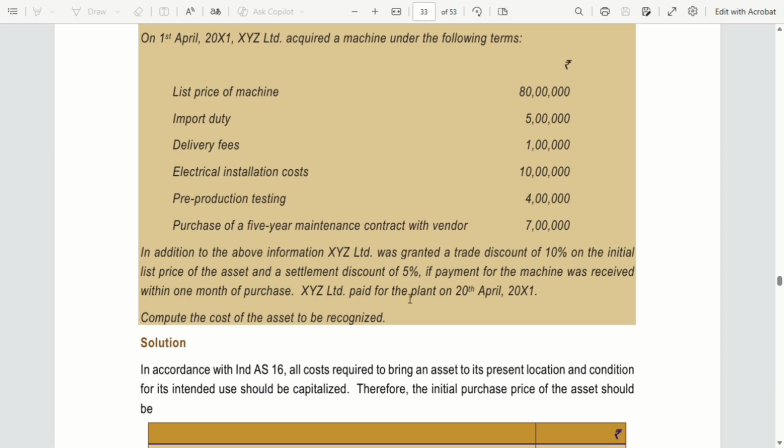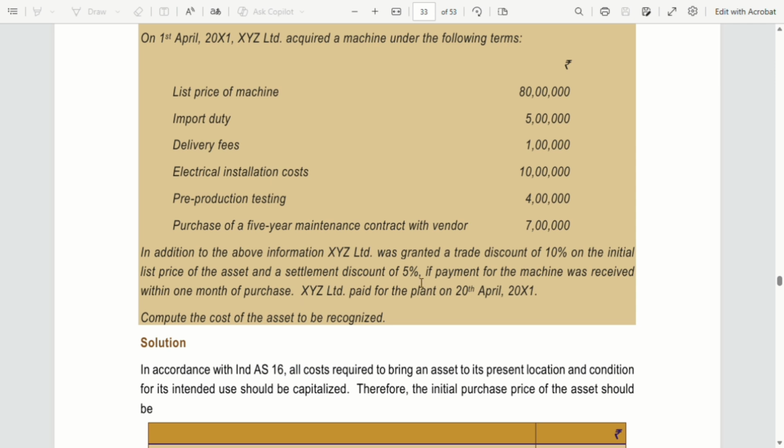XYZ Limited paid for the plant on 20th April 2021. So this date is given to tell that payment was made within 30 days. Compute the cost of the asset to be recognized. What we are going to do is add all these directly attributable costs, and that's it.